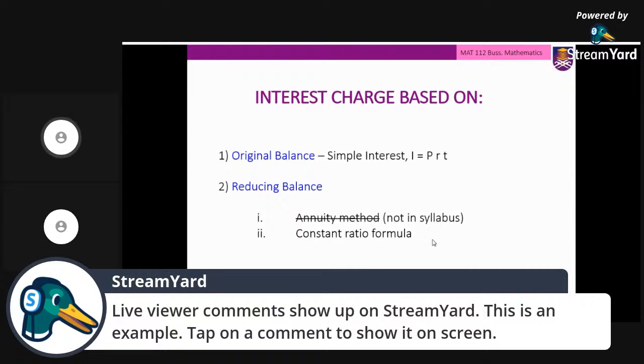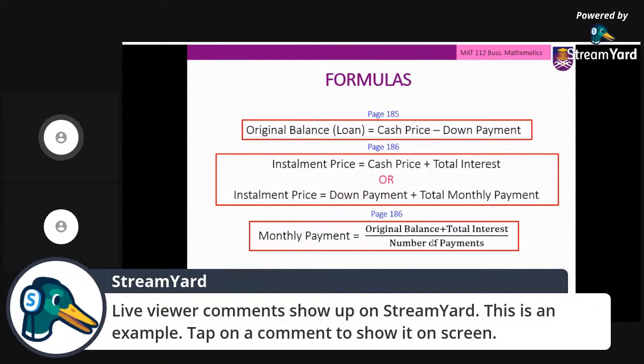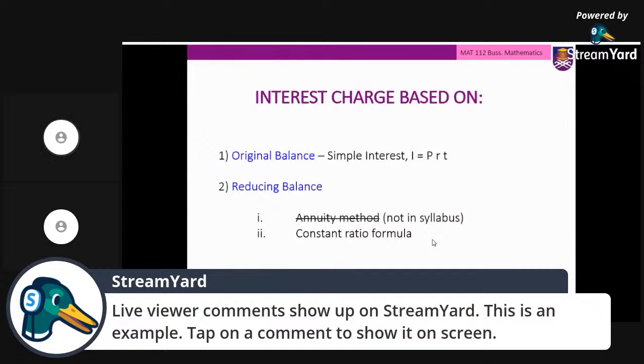But for our syllabus, we only cover the constant ratio formula. If you have your textbook, you can see this formula on page 185 and 186. This formula we can use for both methods, for original balance and also for reducing balance, which is the constant ratio formula.